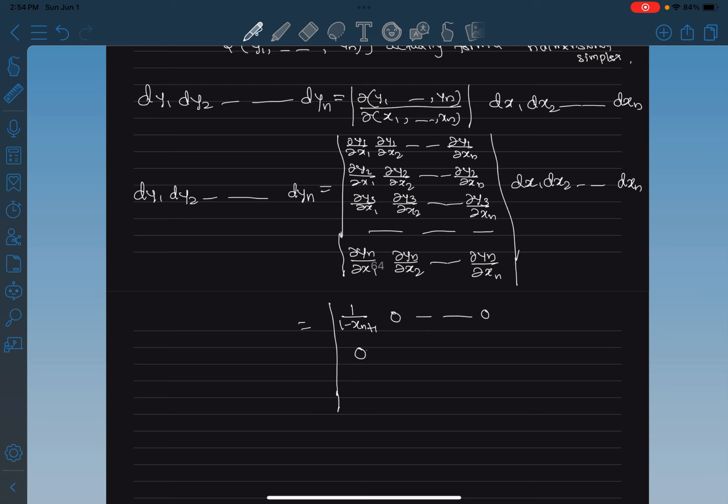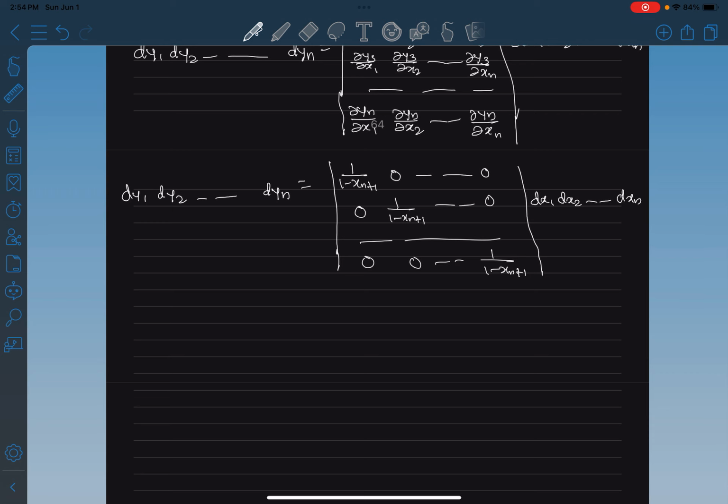Over here, 0, 1 by 1 minus xn plus 1, then 0, 0, and again 1 by 1 minus xn plus 1, with dx1, dx2 up to dxn, and dy1, dy2 up to dyn, right?